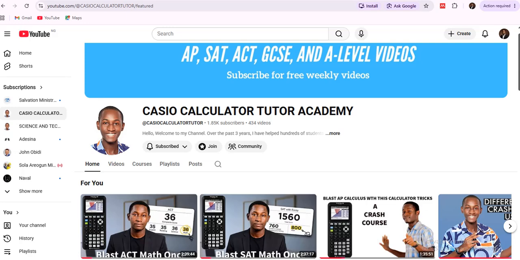In addition, the testing app includes a built-in graphing calculator, though you may also bring an approved handheld calculator for the SAT math. Okay, so this is what you need to know concerning this.